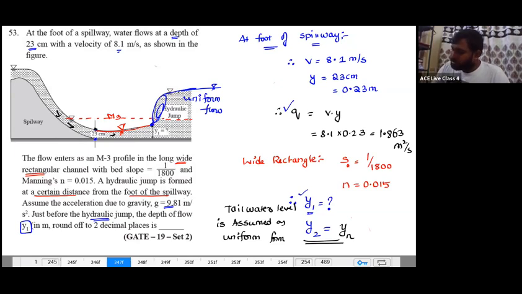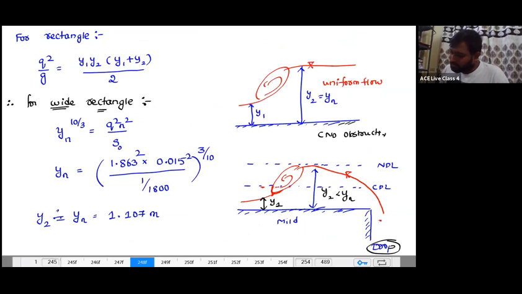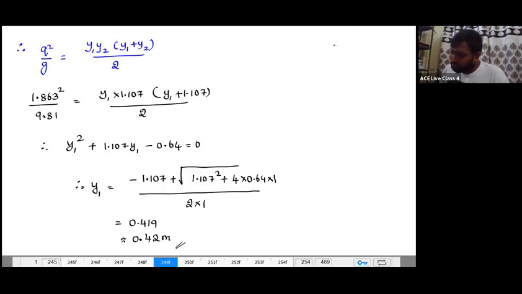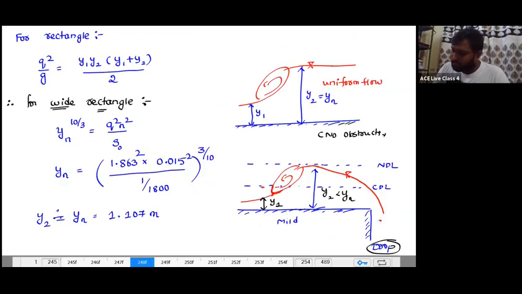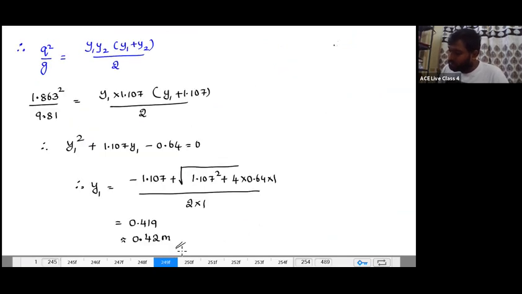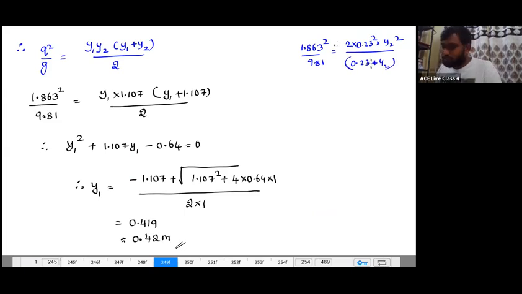The q value is 1.863 only, right? That's what I substituted. Okay, I substituted 8.1 over here, right? So 8.60 squared by 9.81 into 0.23 squared into y2 squared by 0.23 plus y2. Let me check this once again.